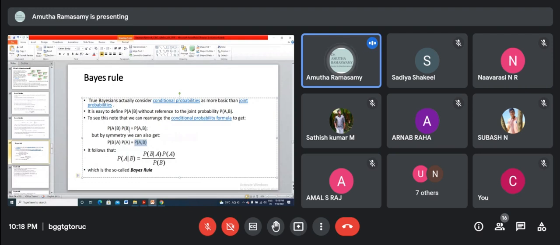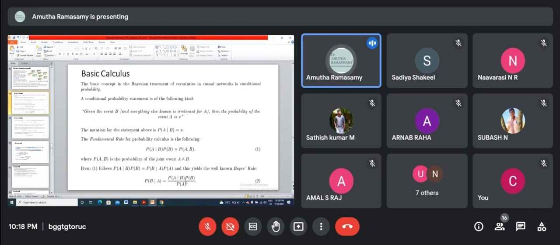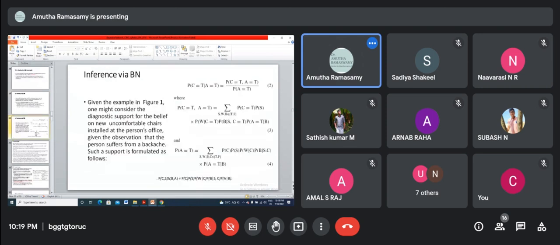Both conditions talk about P of A. So if you use either of these equations, this equation is the Bayesian equation. Now coming back to this, I was talking about the same Bayesian equation because we are worrying about the immediate parent.